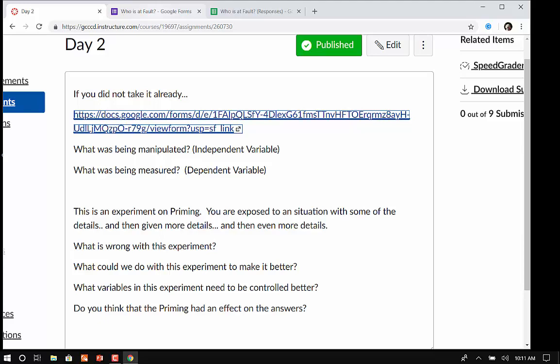What's wrong with this experiment? Yeah, so it's limited information. Okay, I'm going to write a word up here that goes with bias. And these are called confounds. A confound in an experiment is what you didn't think of.